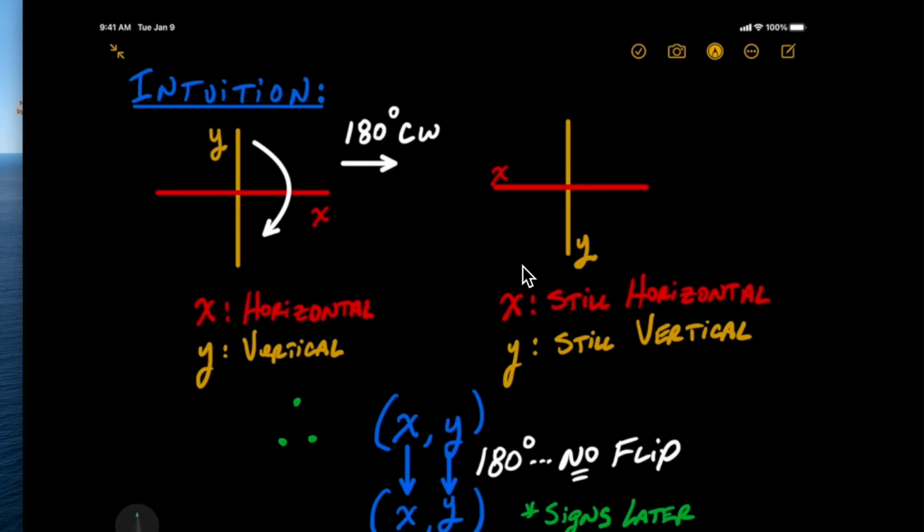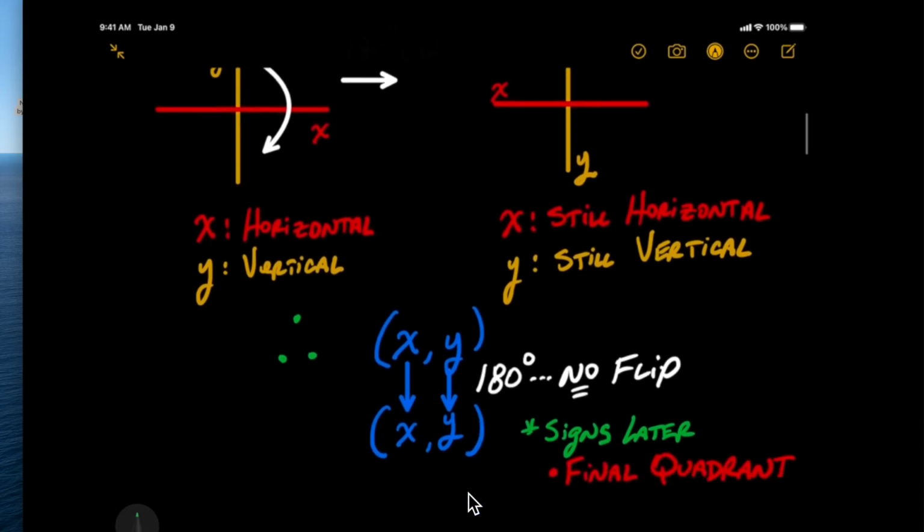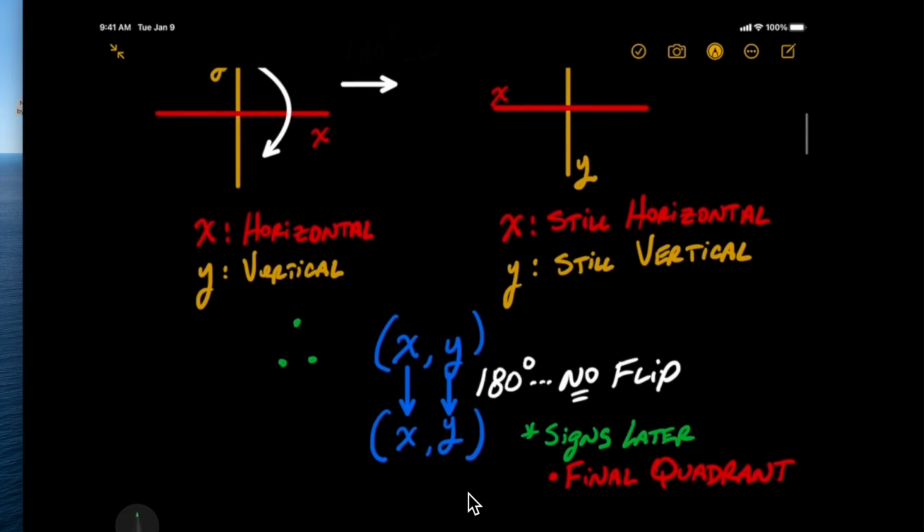So notice, the x-axis is still horizontal. The y-axis is still vertical after this 180-degree turn. As a result, when you do rotations where 180 degrees is involved, there is no flip of the x and y integers. And we will deal with the signs later when we determine where the final quadrant is.